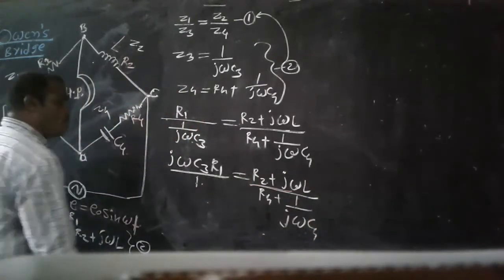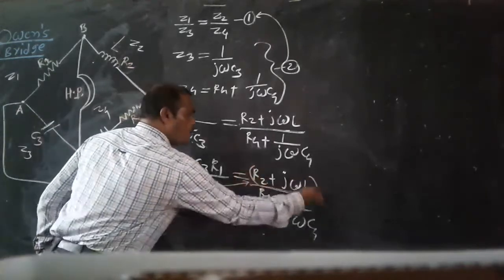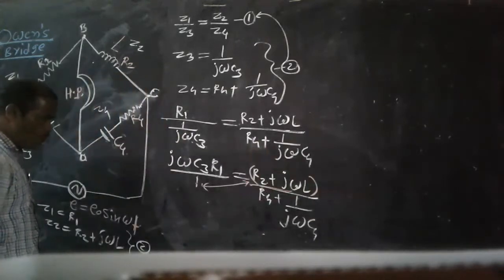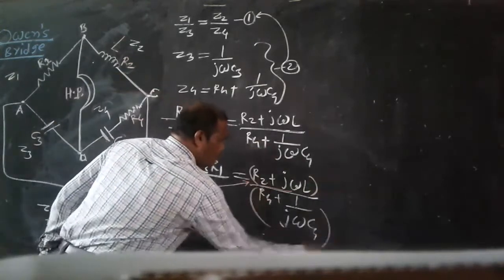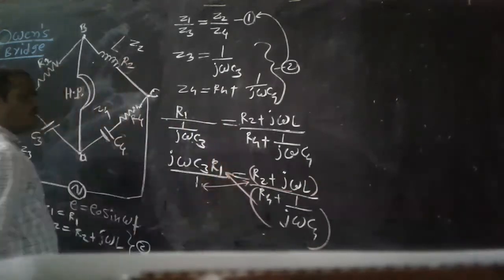Now take the cross multiplication. 1 into this bracket R2 plus j omega L, and this bracket into this.